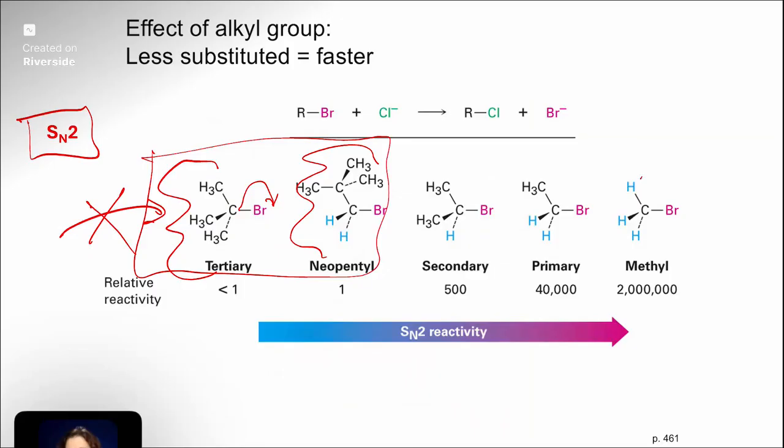On the other hand, methyl has the smallest electron cloud and will react fastest. Once you make it primary, it's a little more crowded, secondary, even more crowded, and therefore methyl, primary, secondary are the relative rates of the reactions.